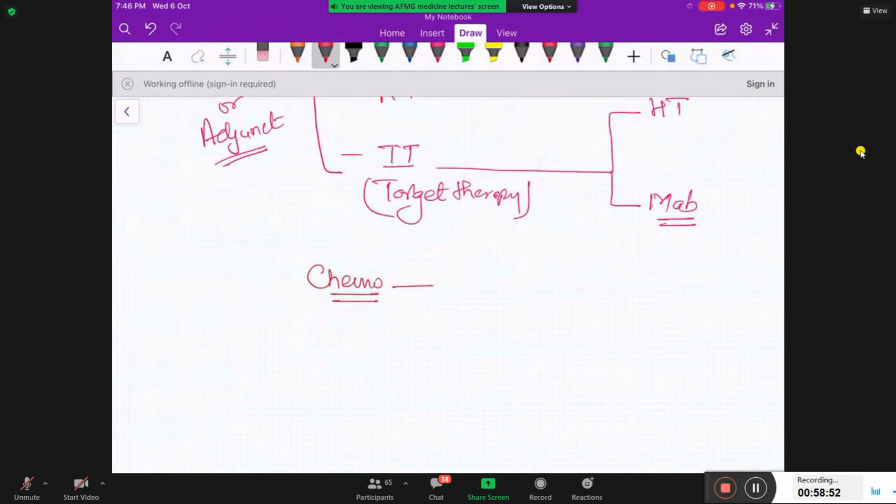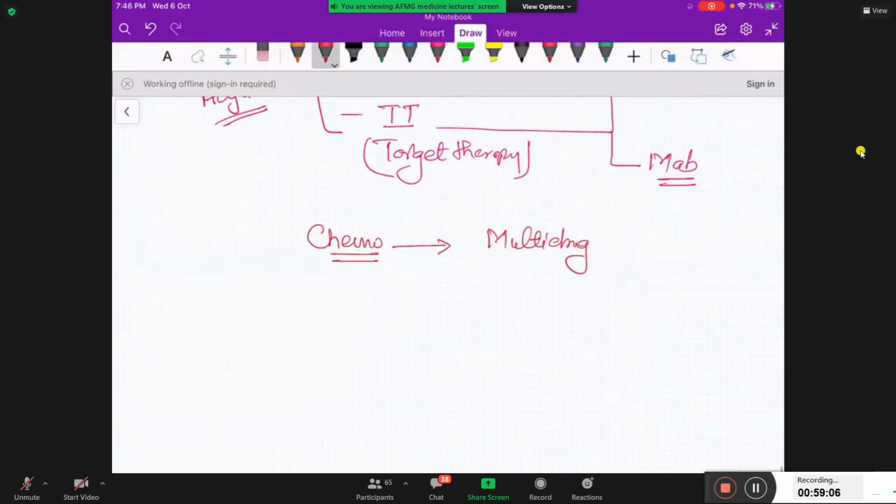Okay. First of all, chemotherapy which we give here is multi-drug therapy. And in that preferred is ACT. What is ACT?